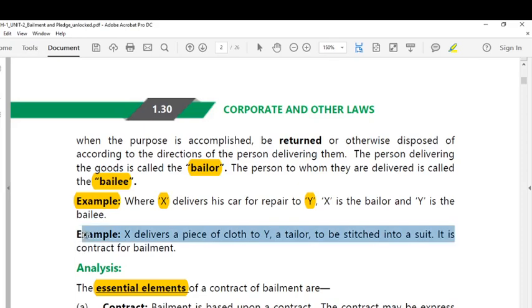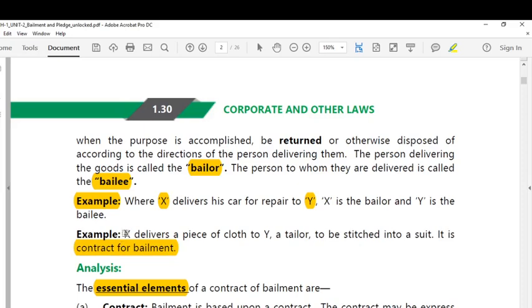And another example you can see here. X delivers a piece of cloth to Y, a tailor, to be stitched into a suit. It is a contract of bailment, right? X is here the Bailor who delivered the goods, and Y is the Baili who is being given the goods, who is a tailor, for a purpose.